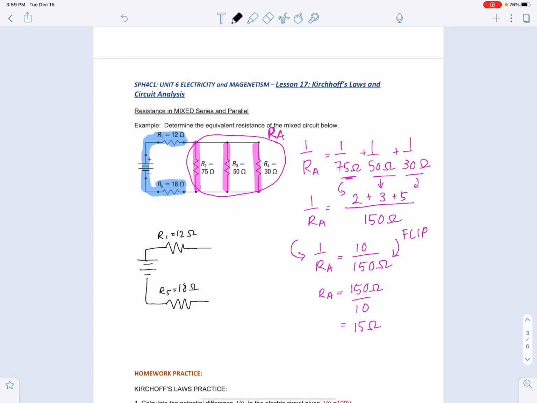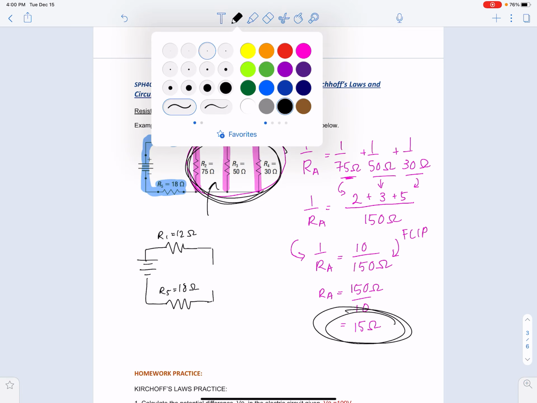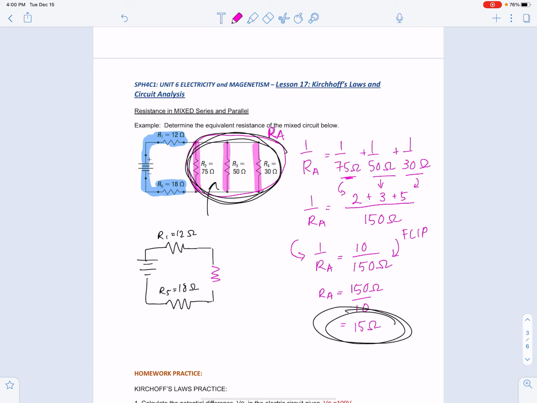And then instead of drawing all 3 of these, I know that the total of all 3 of these is 15 ohms because we just calculated it here. So I'm going to replace these all with a single resistor that is 15 ohms, and I'm going to call it RA.